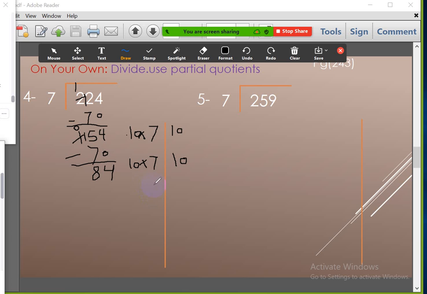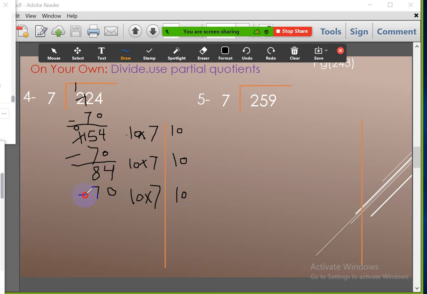I told you yesterday when the number is greater than the divisor, that means you can divide it by the divisor. So I will take the divisor, multiply it with a number, and subtract this number from 84. Which number will you choose, Bisan? 10. Another 10. 10 multiply 7 equals 70, right?